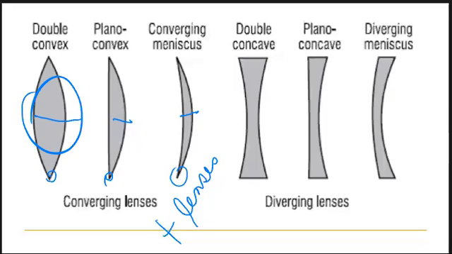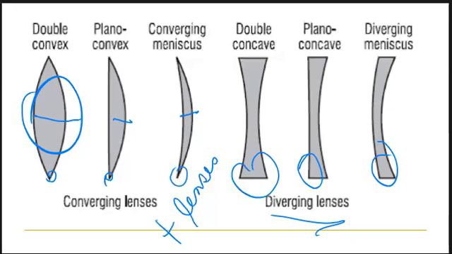On the other hand, diverging lenses are thicker on the edge than the middle. Light goes through the diverging lens, and due to the shape of its surfaces on either side of the lens, the refracted light rays are directed away from the principal axis.